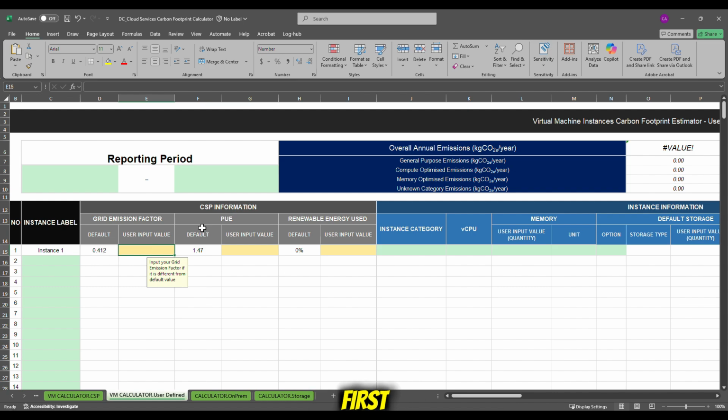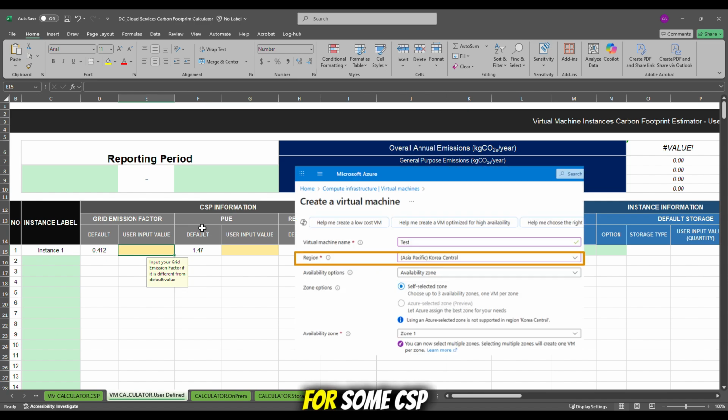To do that, first you need to identify the region where you will be creating your VM, or where your running VM is currently located. This varies from CSP to CSP. During the creation of an instance for some CSPs, one of the first few inputs required will be the region where you'd be getting the VM from.